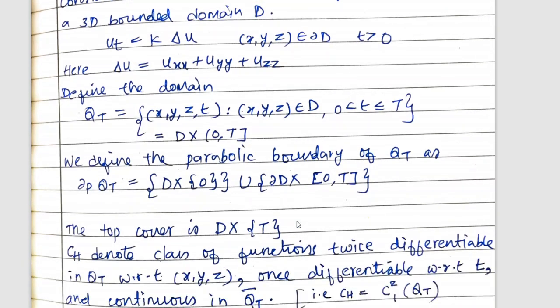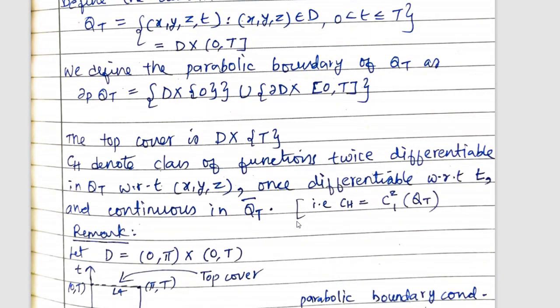Now we define the parabolic boundary of QT. The parabolic boundary is a special type of boundary. The parabolic boundary of this domain is defined as D cross the singleton set 0, union boundary of D cross 0 to T. So D will contain the set of all xyz, cross 0 means time t is 0 there.